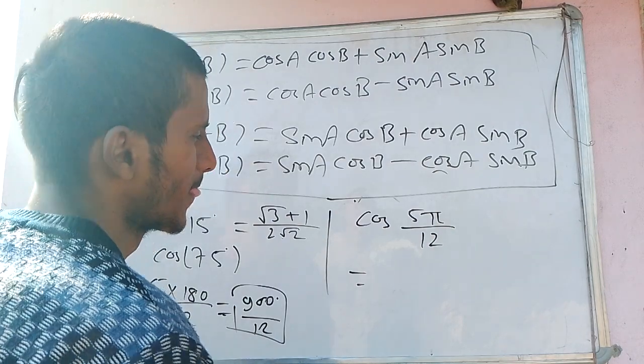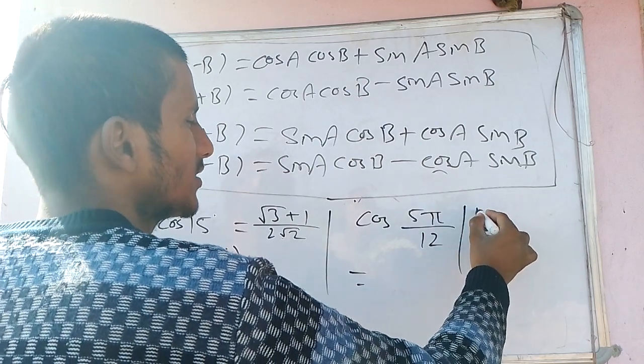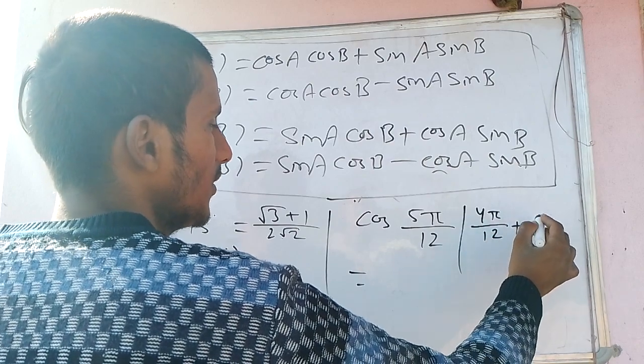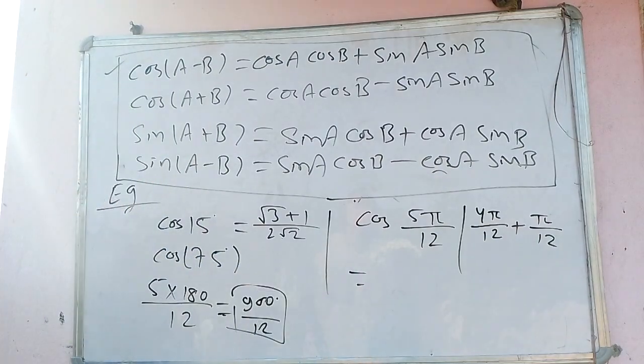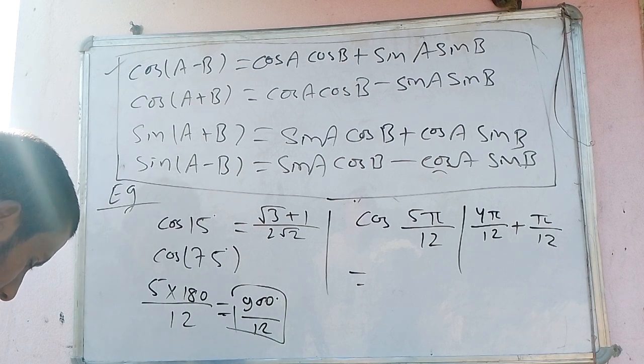Pay attention here. Now, if we write 5 pi as 4 pi over 12 plus pi over 12. Okay, so 5 pi over 12. 4 pi over 12 can be done easily.